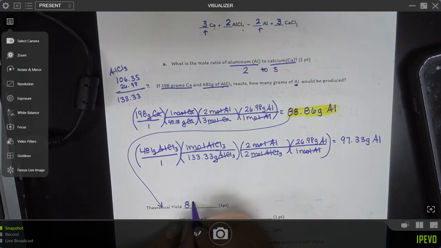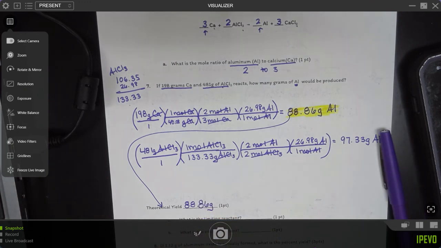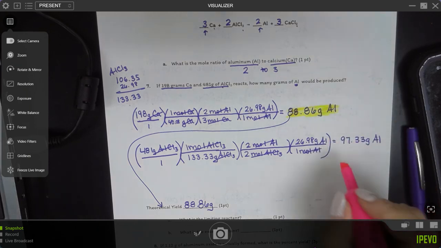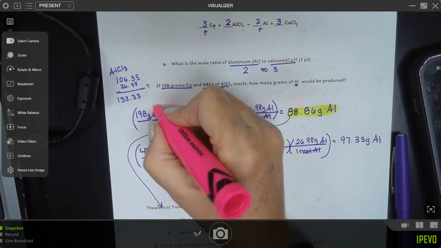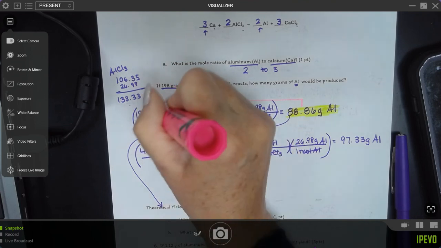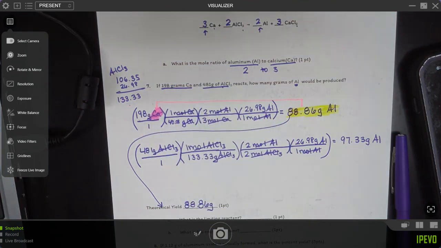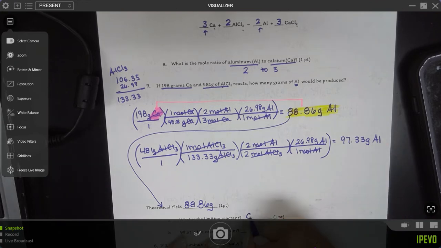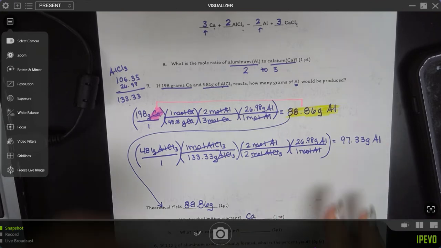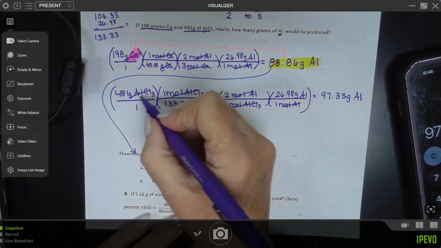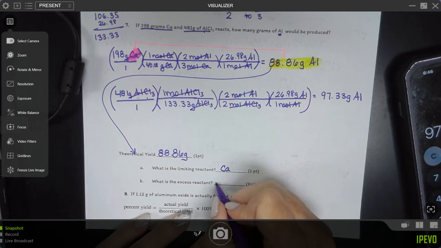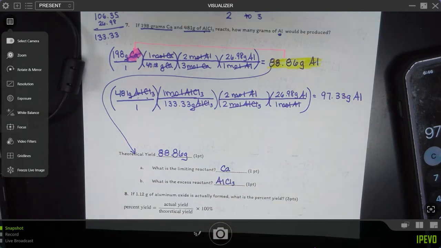Now, once you find the smaller one, you look back where you started. And we started with calcium. What that means is calcium is our limiting reactant. It runs out first. So that means that aluminum chloride, the other reactant, is in excess.